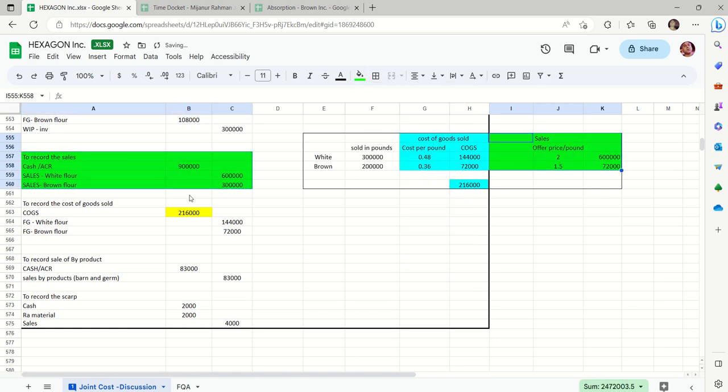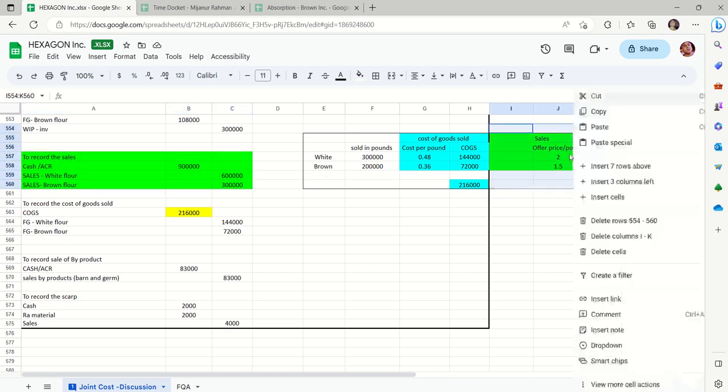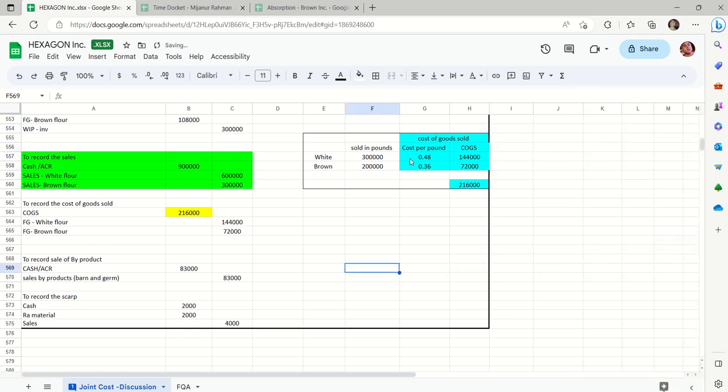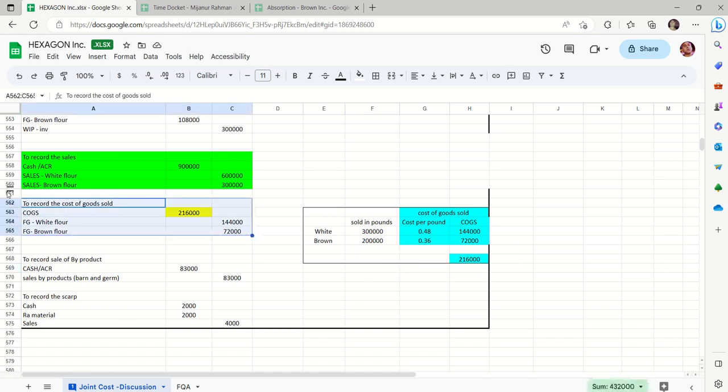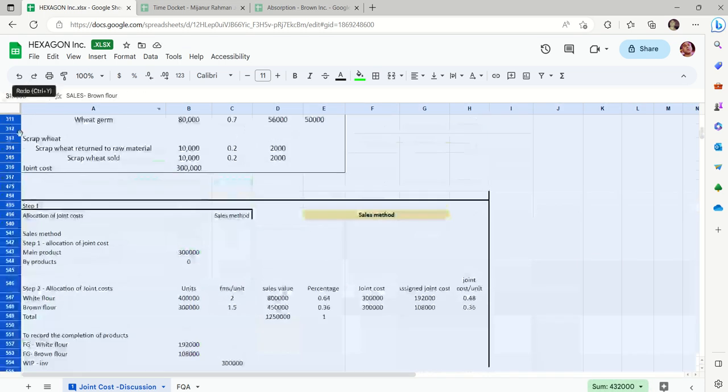So this is sales. Let's forget this now. We are not working on this. We're working on this. This is done. So perhaps I could put it down and paste it over there so you could see better. Okay, we are done with this. So now we need to record this. So this is done. I'm going to hide this.